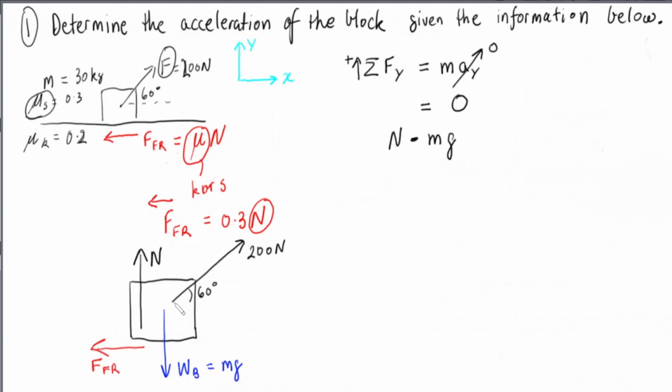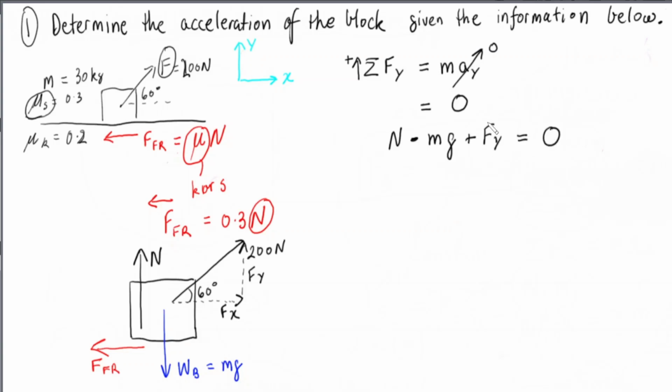And if we have a look at the components of the pulling force, we have an x component here, which we'll call Fx, and a y component here called Fy. So we'll put plus Fy, and that'll be equal to 0.